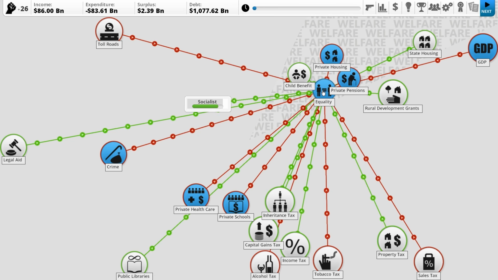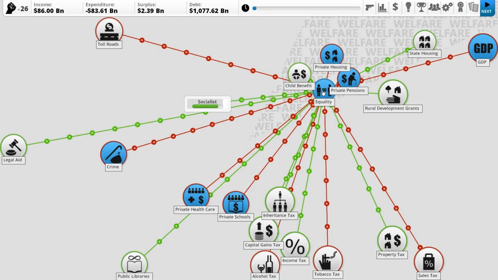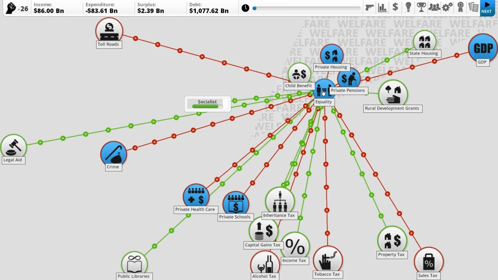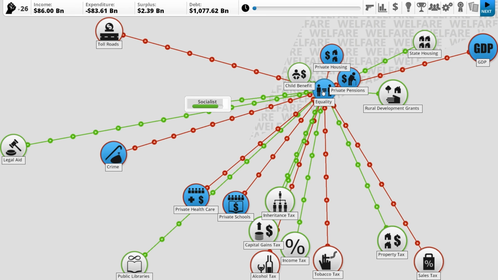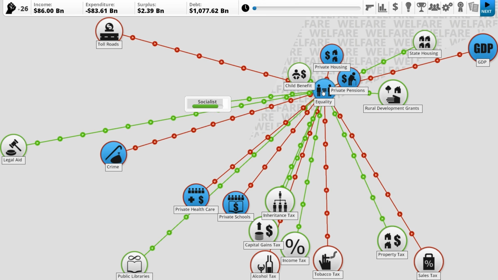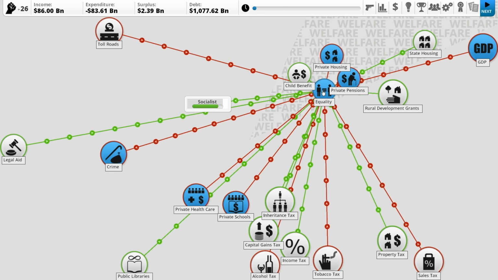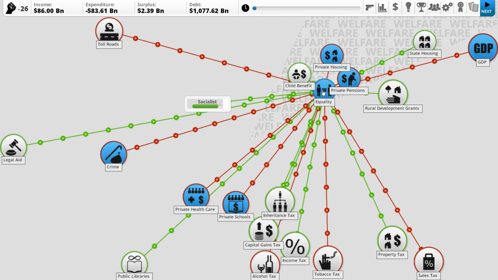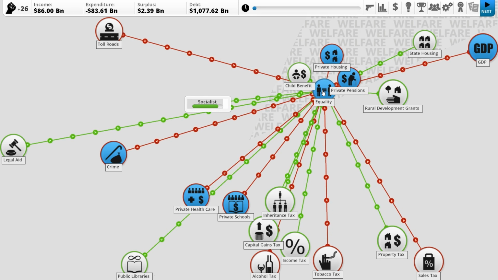But to the left, top left, you see toll roads. That is a red line going to equality. That negatively affects equality. And equality affects crime in a negative way. So, legal aid is a positive effect, private health care is a negative effect. So there's a lot of things that affect one another.